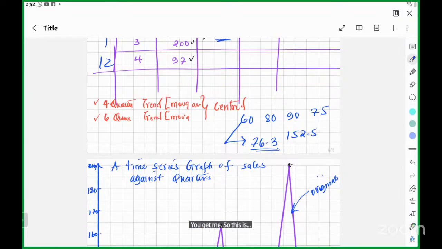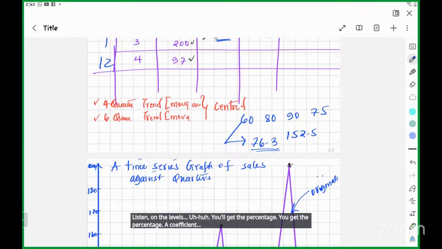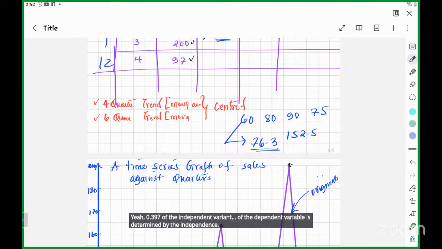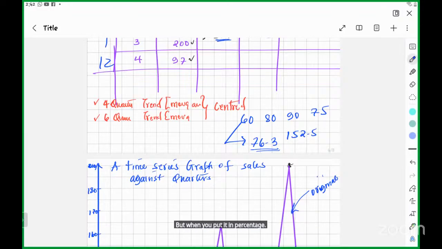They just needed you to compute the coefficient of determination, and then you get the percentage. The coefficient of determination can be a percentage or just a proportion, like it is here: 0.397 of the dependent variable is determined by the independent. But when you put it in percentage, it is more explanatory.